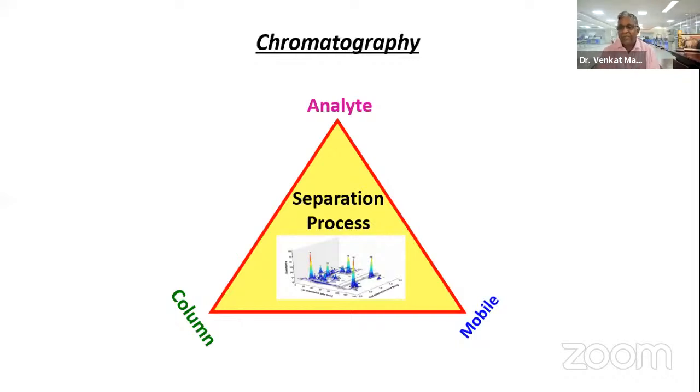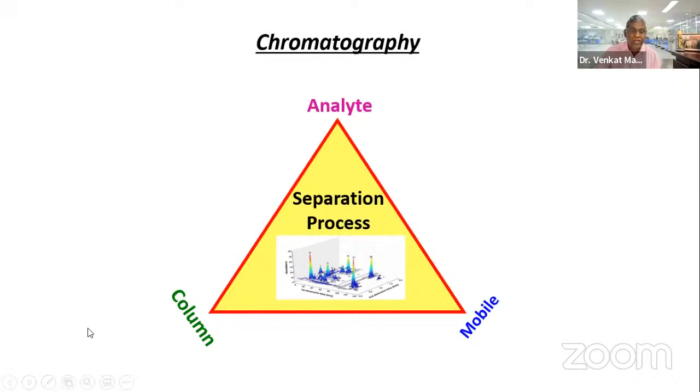Now the column is trying to preferentially retain your compound, the various components. The mobile phase, depending upon its constitution and its flow rate, will start dislodging the molecules from the column.